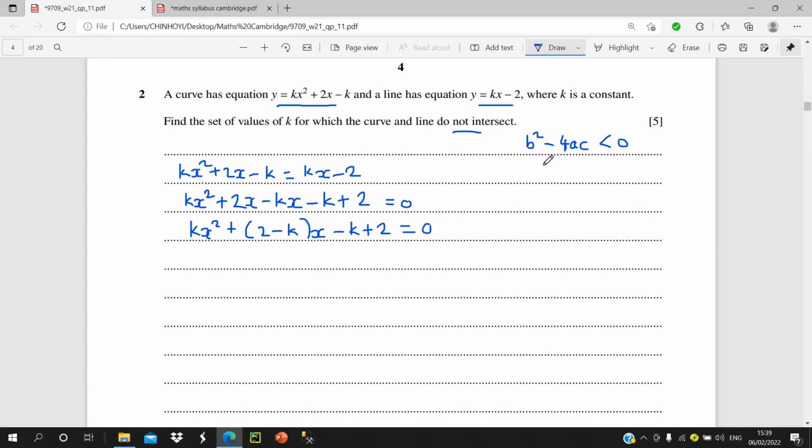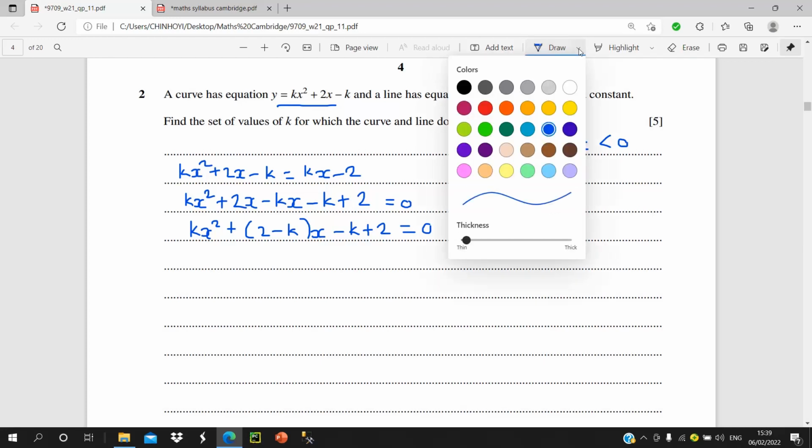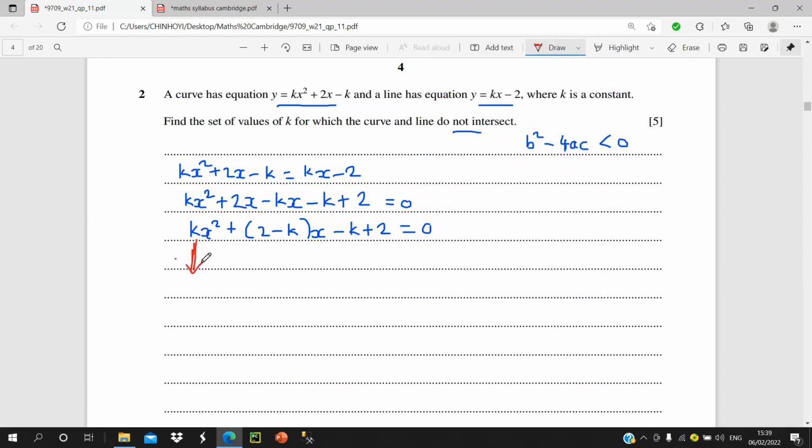So now, applying this discriminant, the coefficient of x squared is what we are referring to as a. So this is a, which is k, and this one, the coefficient of x, using your quadratic equation, is b, then these terms are c.